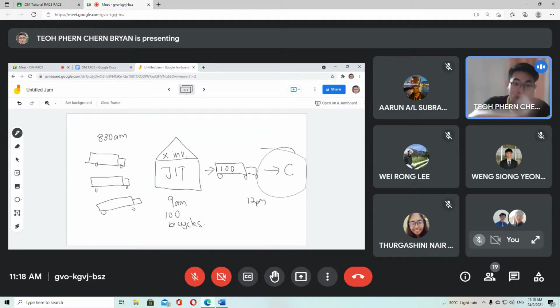Then we work backwards. When do the customers want it? What time do we need to run production? What time do the suppliers need to come? So this is called a pull system.